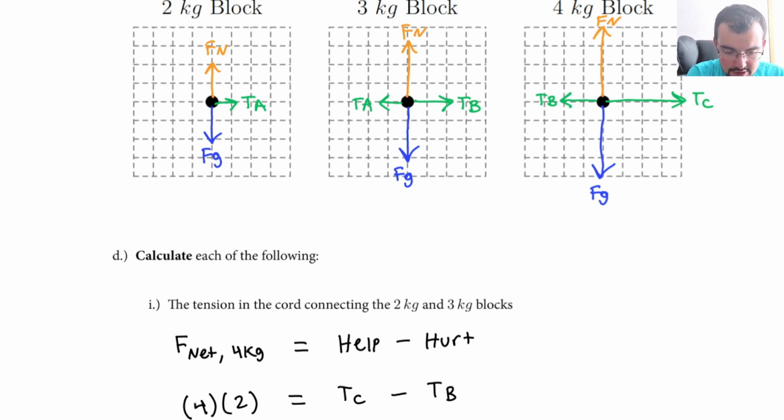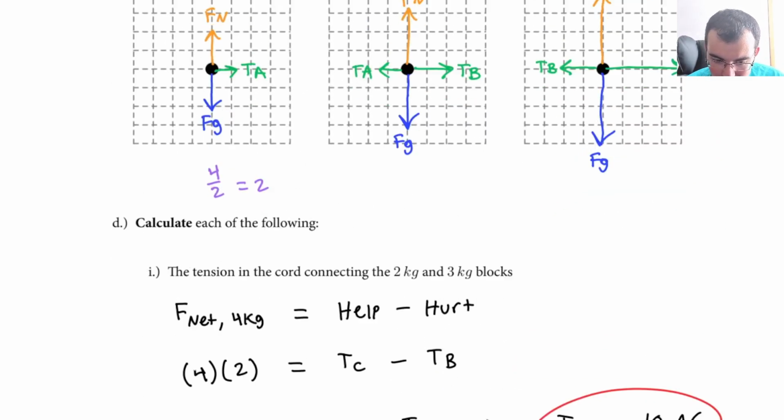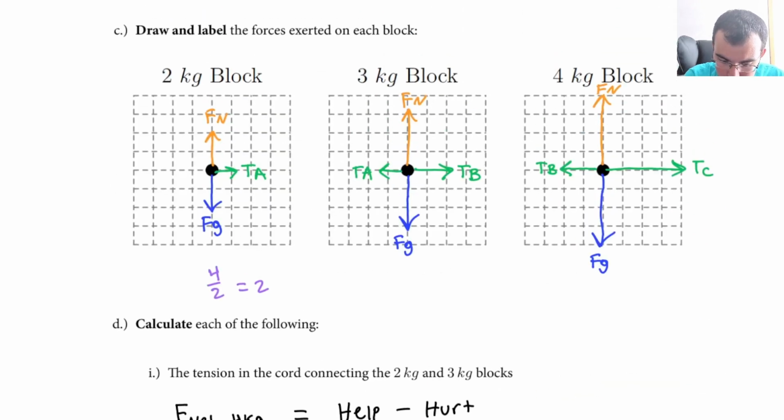No units to save space. Here, we said TB was 10 and TA was 4. So 10 minus 4 over 3, that's equal to 6 over 3. That is 2. Then here we had 18 minus 10 divided by 4, which is 8 over 4, which is 2. So we see that it does work.